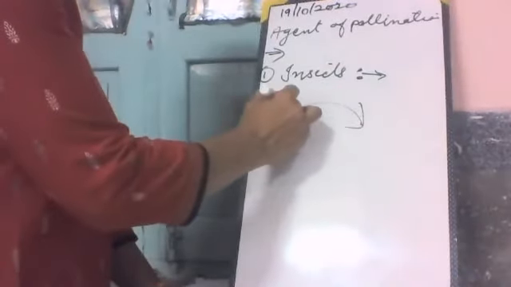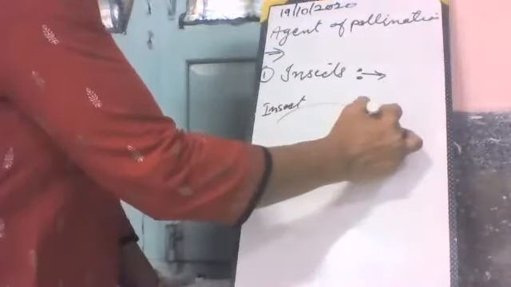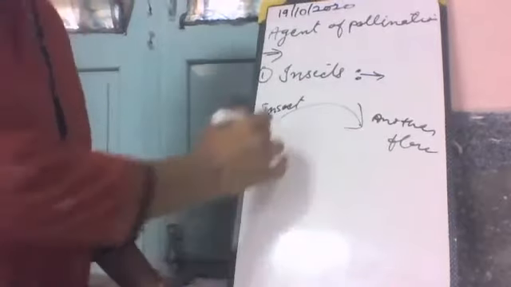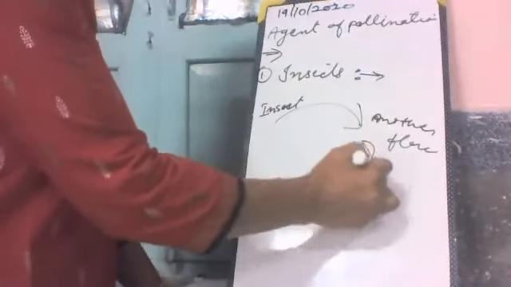When this insect moves towards another flower of the same species, the pollen grains from its body may fall off on that flower. And this is the process of insect pollination.